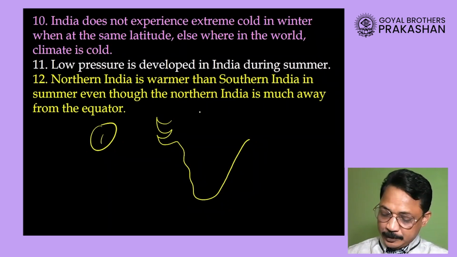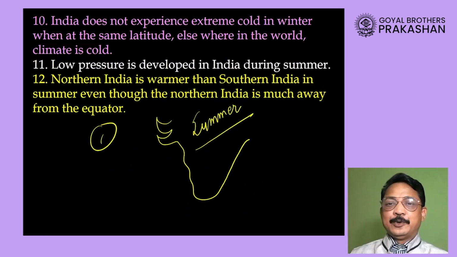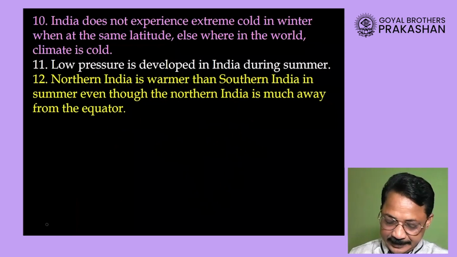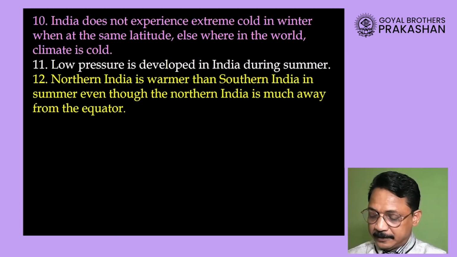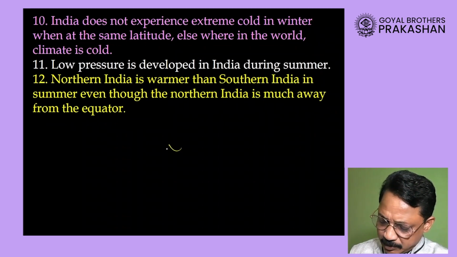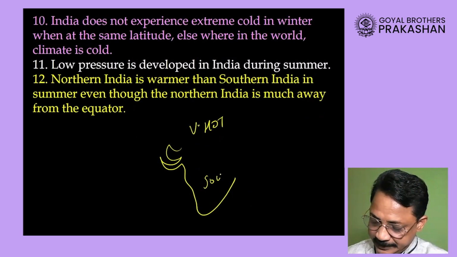In India, during summer, it is very hot and therefore there is a development of a low pressure belt in India. Okay, students. The next question is why Northern India is warmer than Southern India in summer. That means why is North India very hot compared to South India?